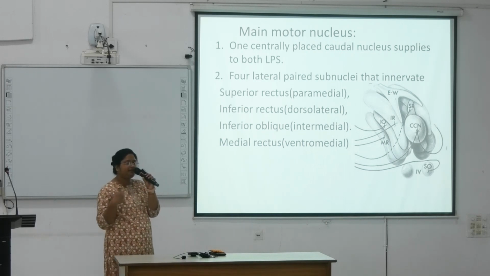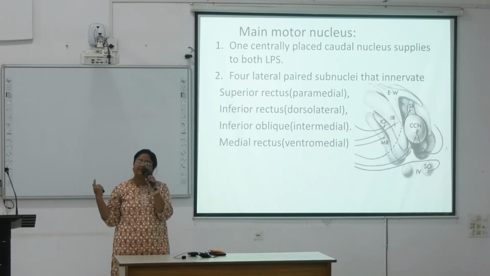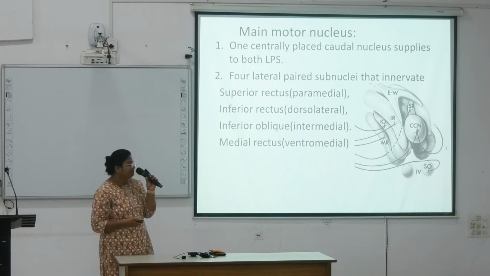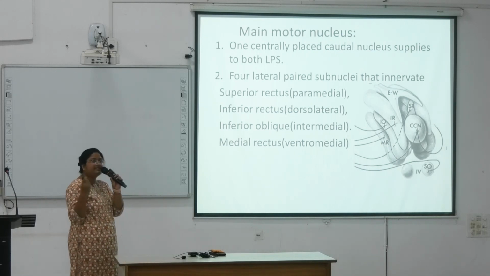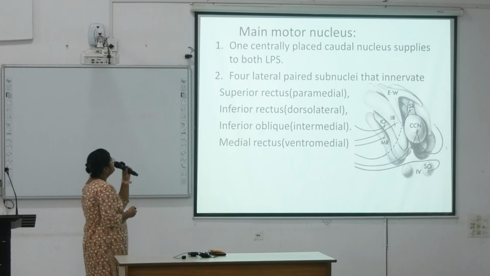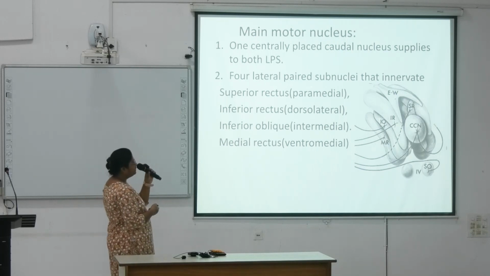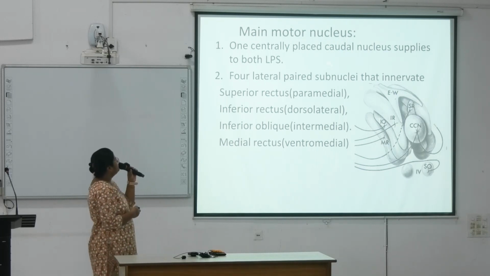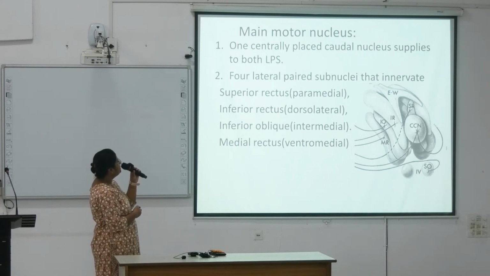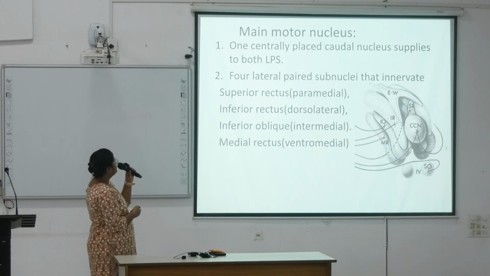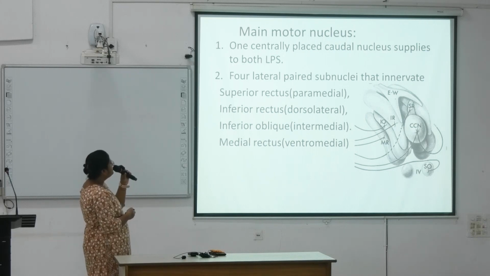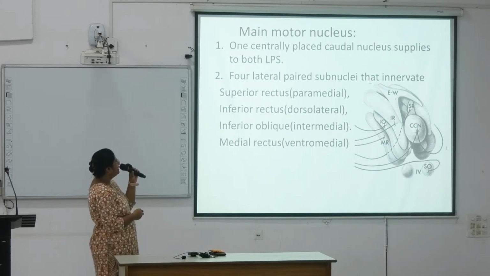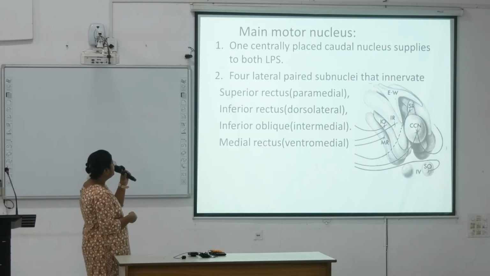Edinger-Westphal nucleus is very important for your different reflex pathways. Okay, light reflex, accommodation reflex, like this. So next is main motor nucleus. One centrally placed caudal nucleus supplies both the levator palpebrae superioris and 4 lateral paired subnuclei that innervate these 4, 3 recti and 1 oblique.